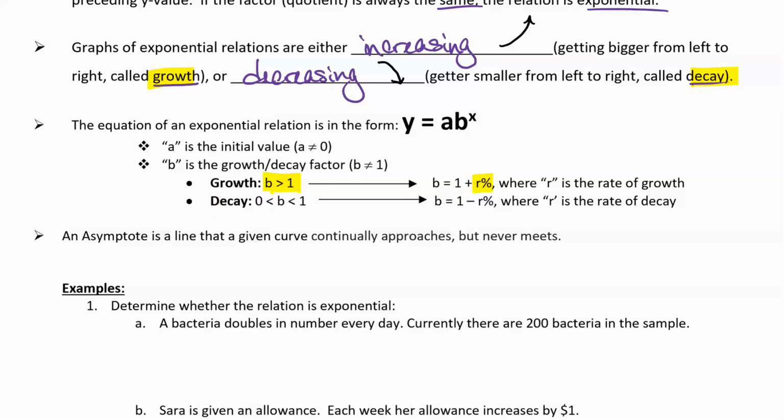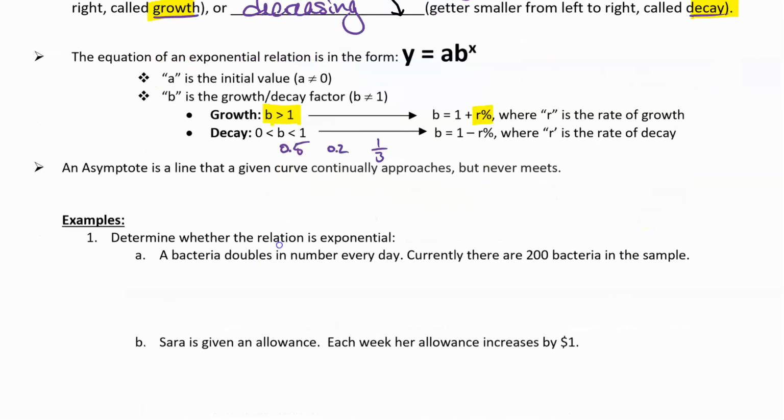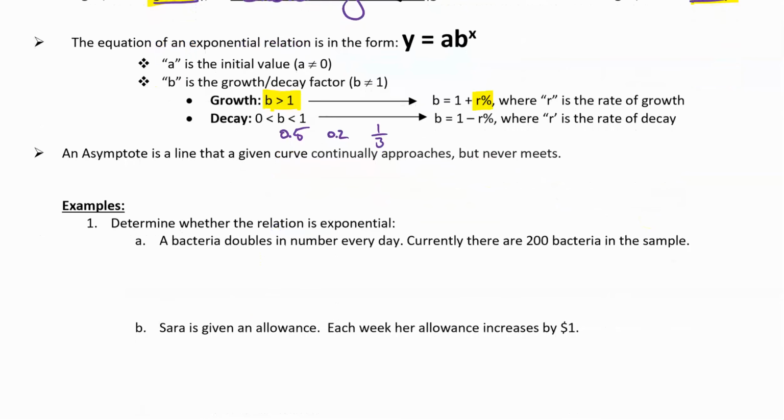For example, here I could say the decay factor could be 0.5 or 0.2 or 1 over 3. Whatever that number is, as long as it's positive and it's less than 1 and greater than 0, you have a decay factor, right? And in that b value will be 1 subtract whatever this value is, and that'll give you the rate of decay, okay? You'll see that when we get there. Let me highlight that as well. That's a decay factor.